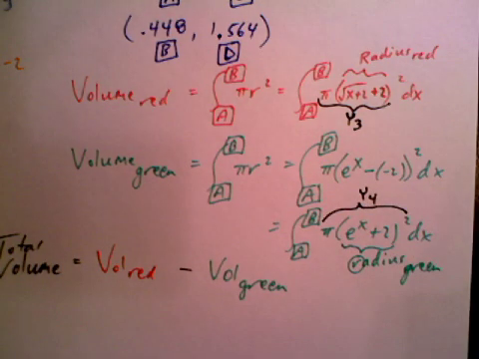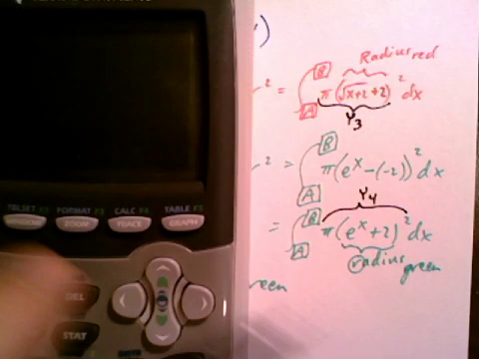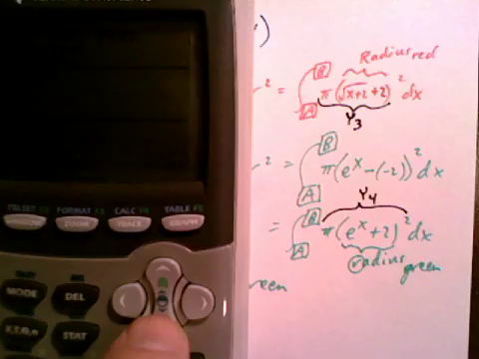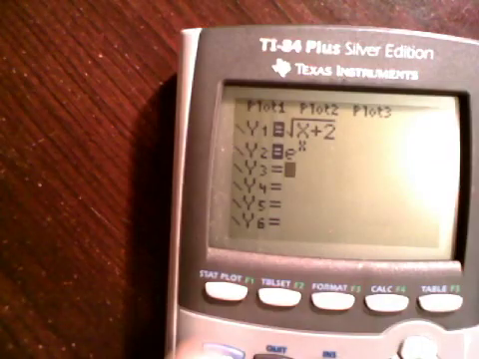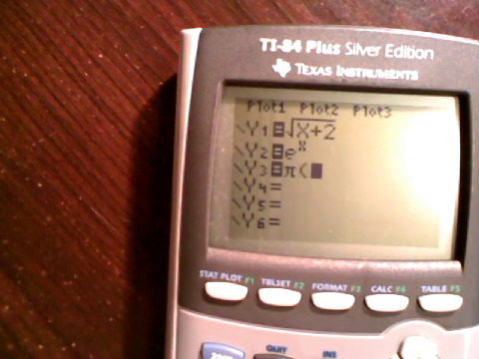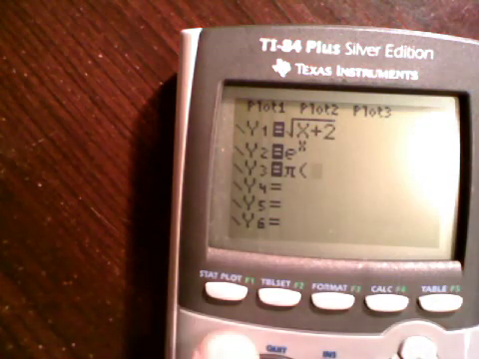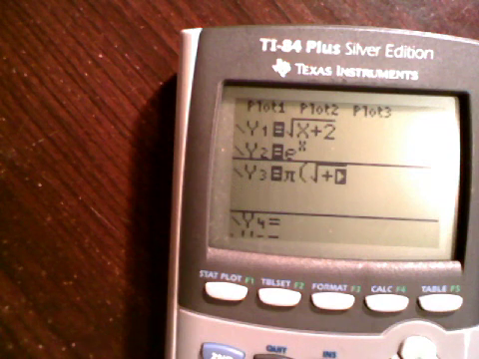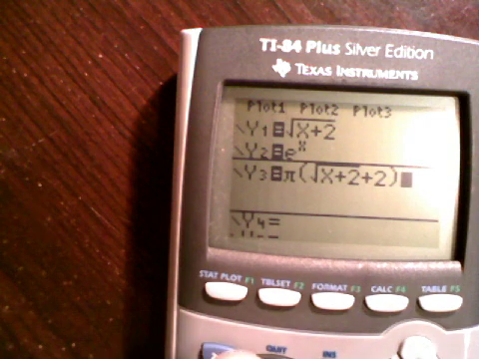So let's go ahead and do that. Your Y3 is going to be your pi multiplied by the radical x plus 2, and you can see that's your Y1. Sorry, x plus 2, x plus 2, and we're going to add 2 to that. And that whole thing, we're going to square it.